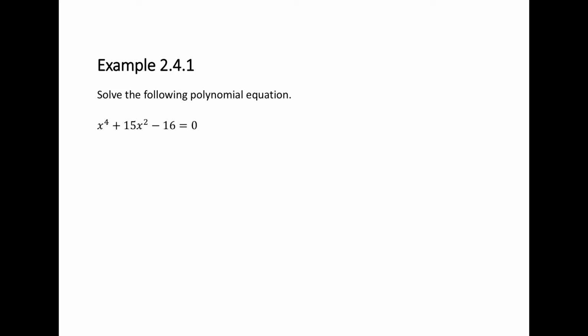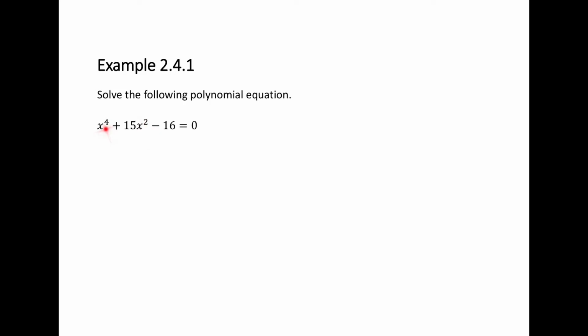In my first example, I have x to the fourth power plus 15x squared minus 16 equals 0. I will use the U substitution principle to solve this. Notice that the exponents are in ratio 2 to 1.